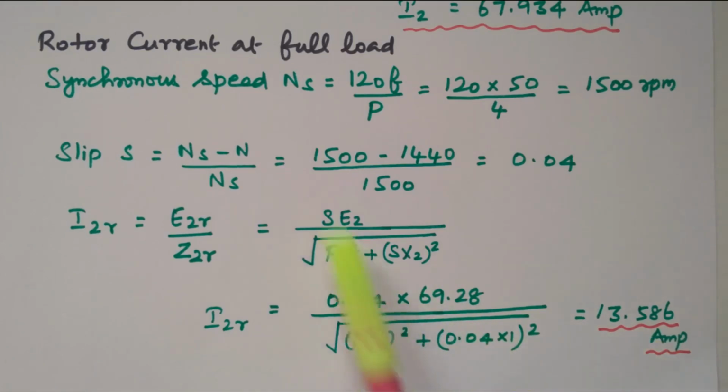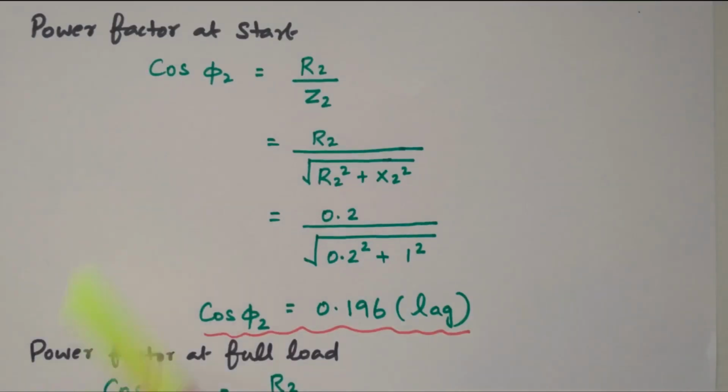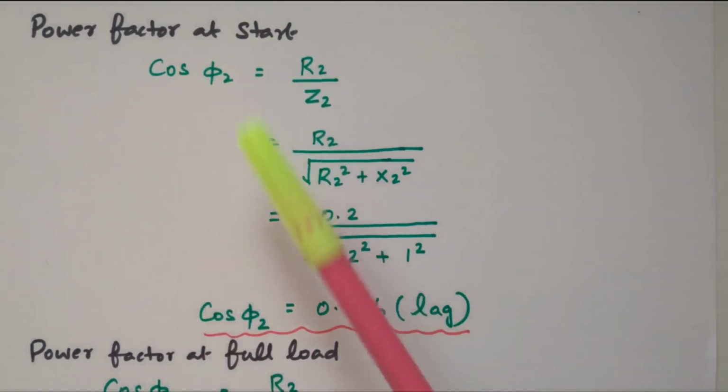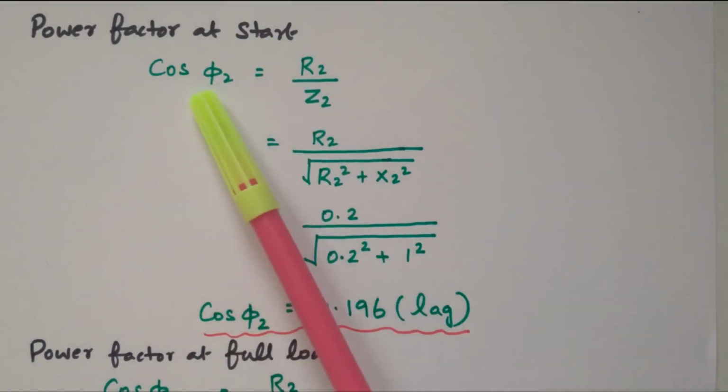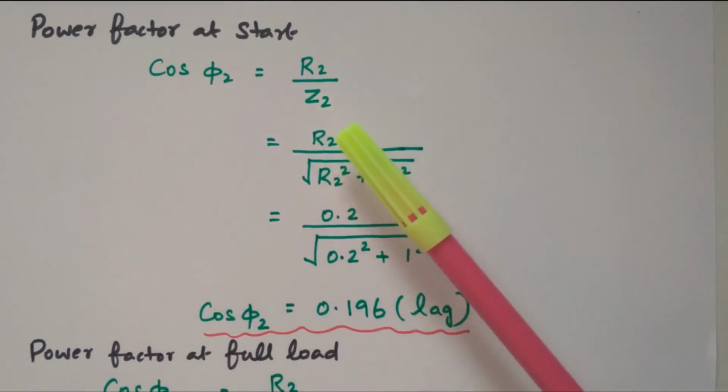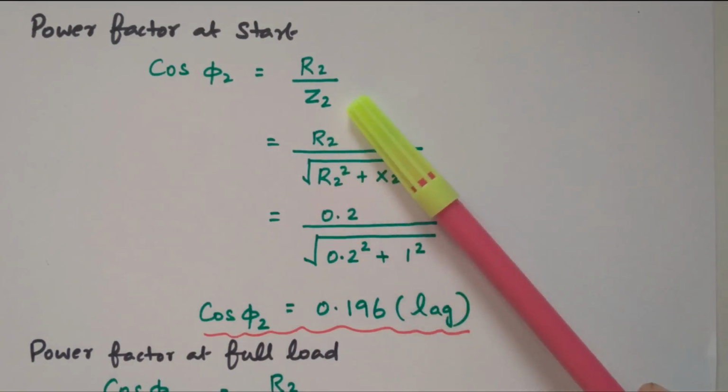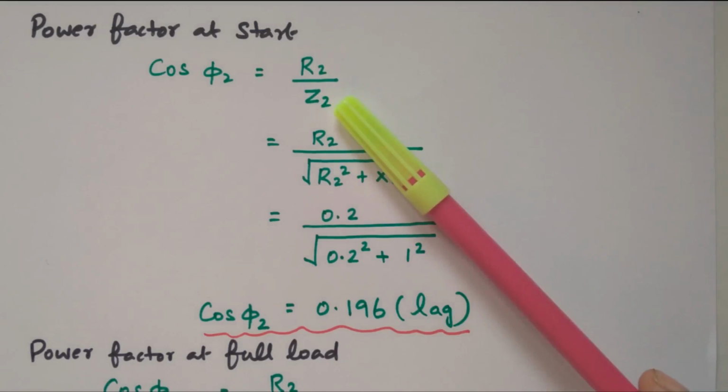So the rotor current at the full load is 13.586 ampere. Now we need to find the power factor for the corresponding rotor current during the starting as well as the running condition, the full load condition. First we will find the rotor power factor at the starting condition. Very simple formula, cos phi 2 equals R2 by Z2, resistance divided by impedance.